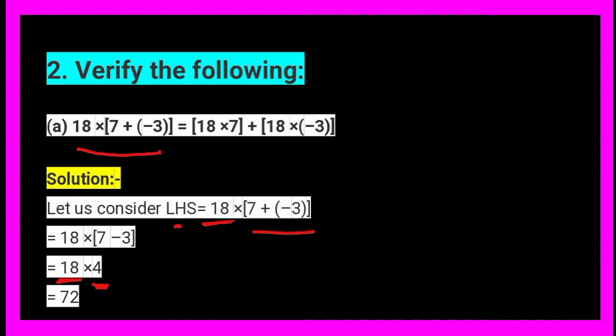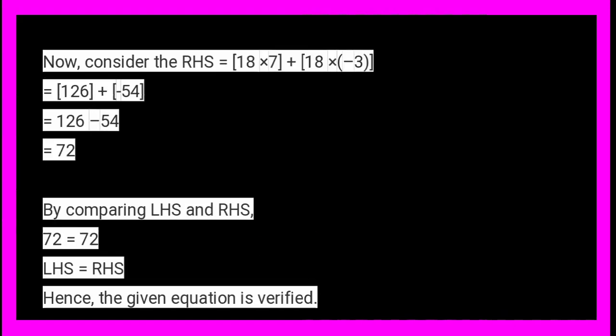Now we check what will be the answer of the right hand side. The equation of the right hand side is 18 multiplied by 7 plus 18 multiplied by minus 3. Here the first bracket is 18 multiplied by 7.